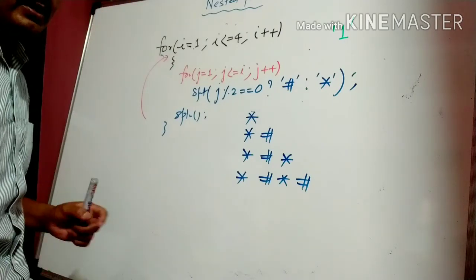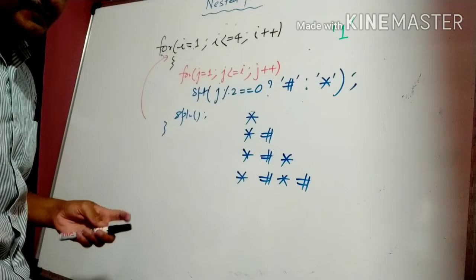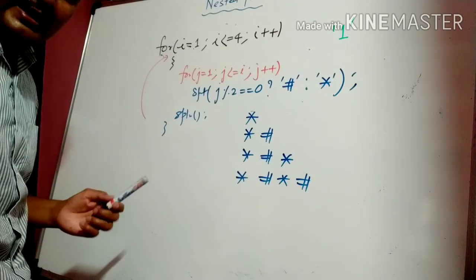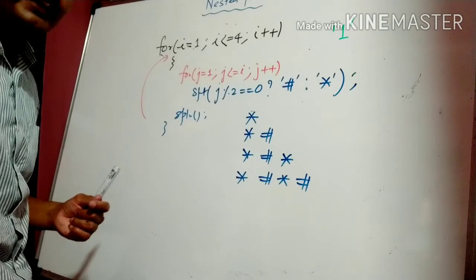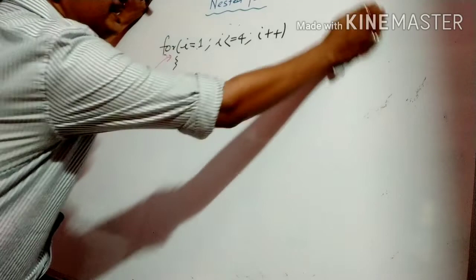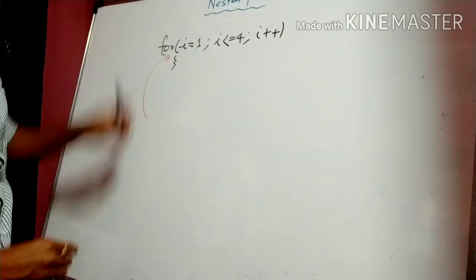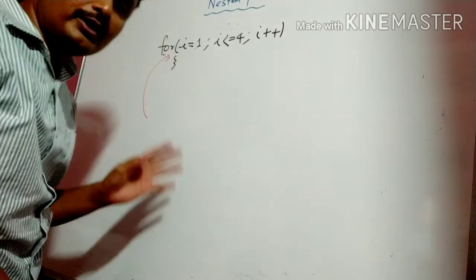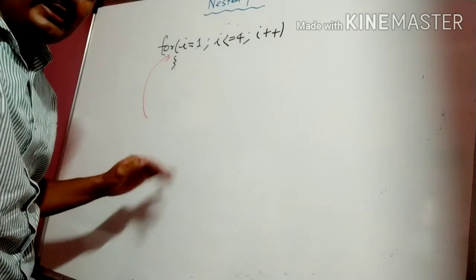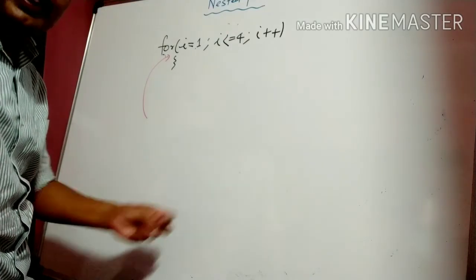In the next clip, we'll explain nested ternary and type conversion. And these are revision because Ritamis already explained this particular part. This is an important one, that's why I am trying to revise that particular thing.